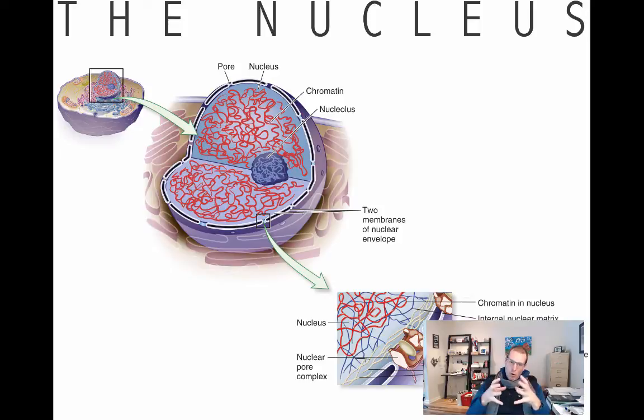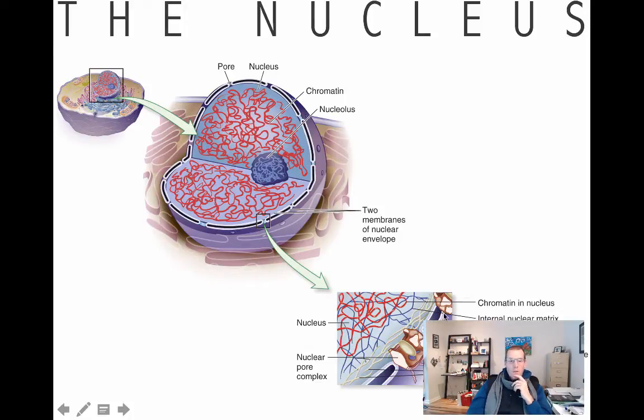So that chromatin and that DNA is surrounded by what's called the nuclear envelope. The nuclear envelope is a double envelope, a double membrane. So if we're looking at just a little piece, let's look at this little piece down here, and we can look at a nuclear pore as well as the membrane being two membranes. So if we expand up and look at this, here are two pieces, and you can see the two pieces of membrane.